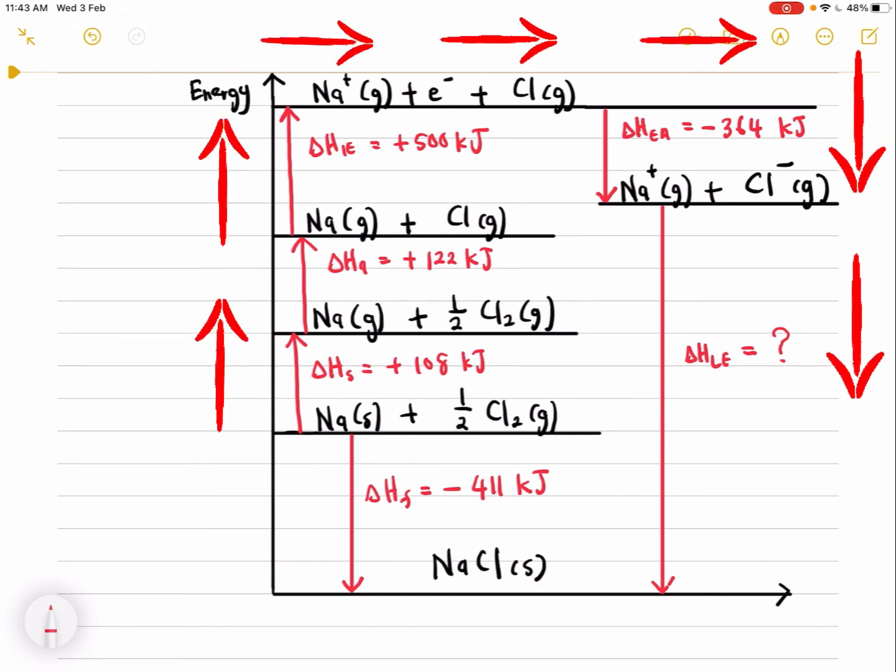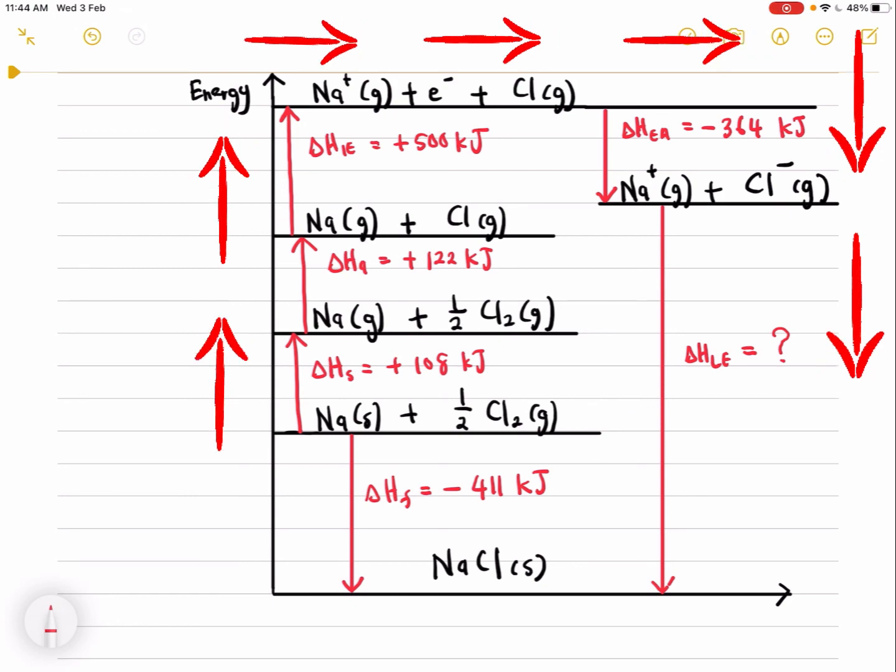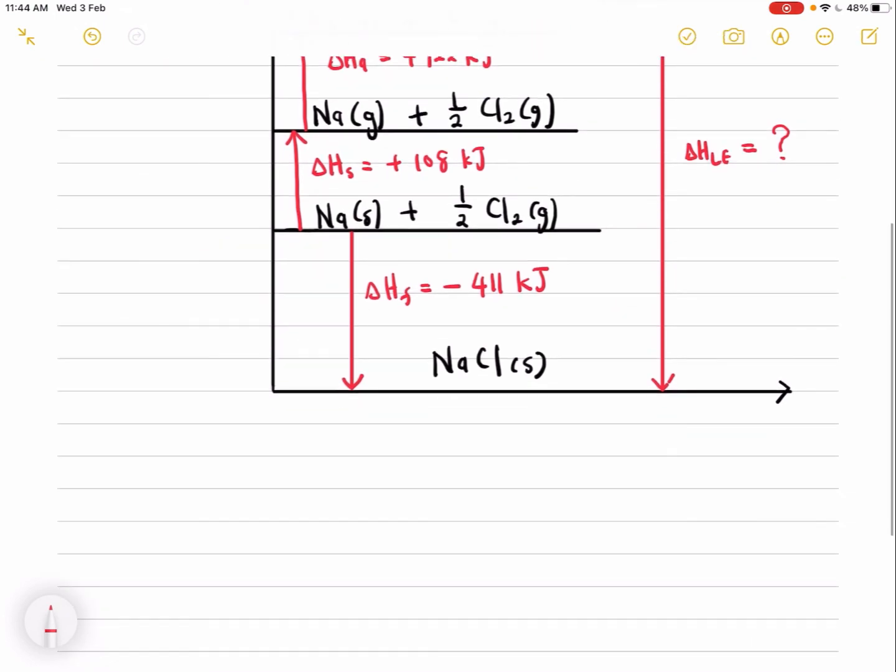So we can see a continuous flow from sublimation until the lattice enthalpy. According to Hess's law, the enthalpy of formation is the summation of all the other enthalpies.